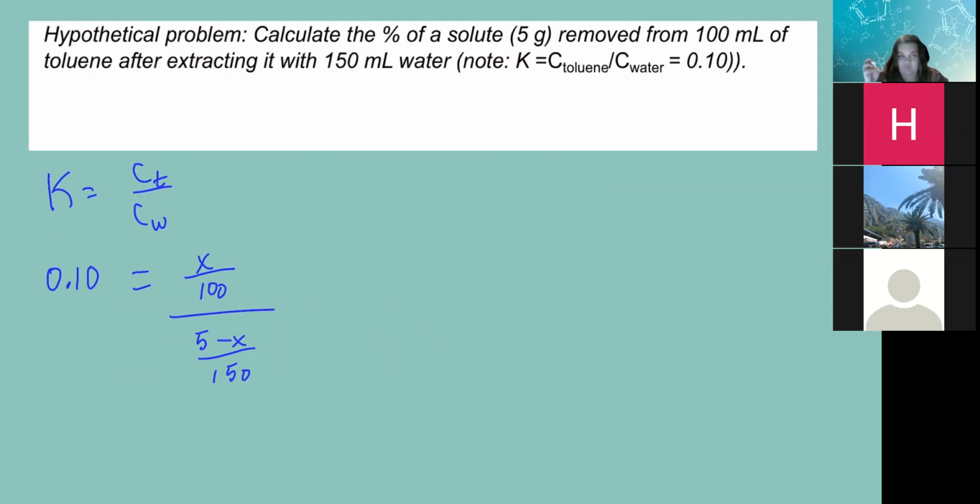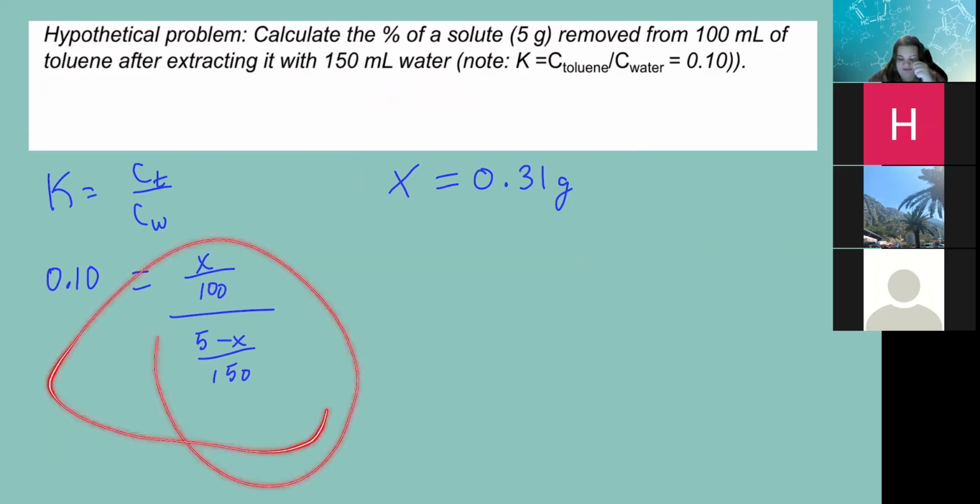All right, so you guys have to math it. All right, so let me know when you get this X value.